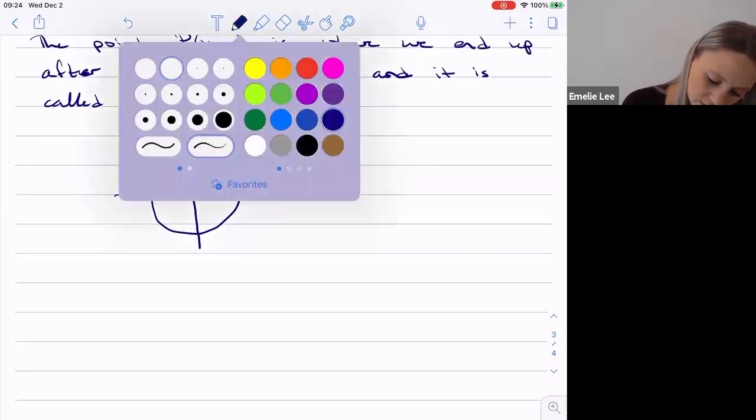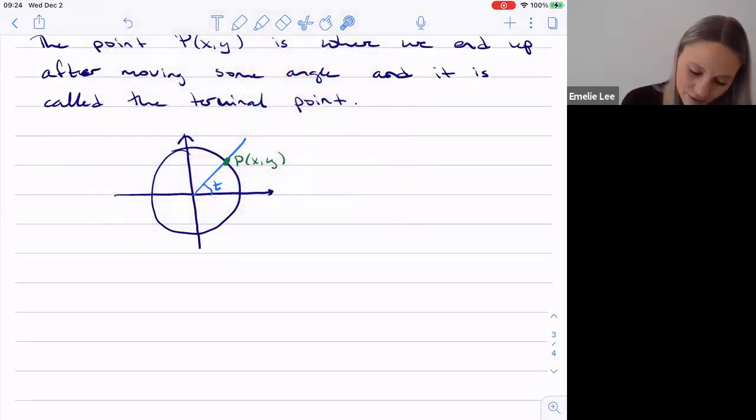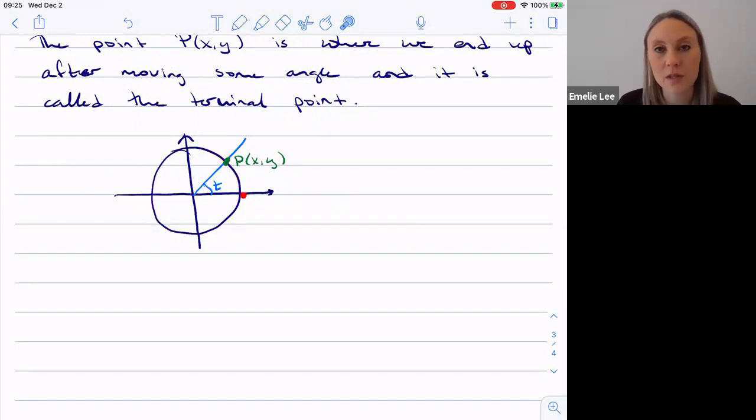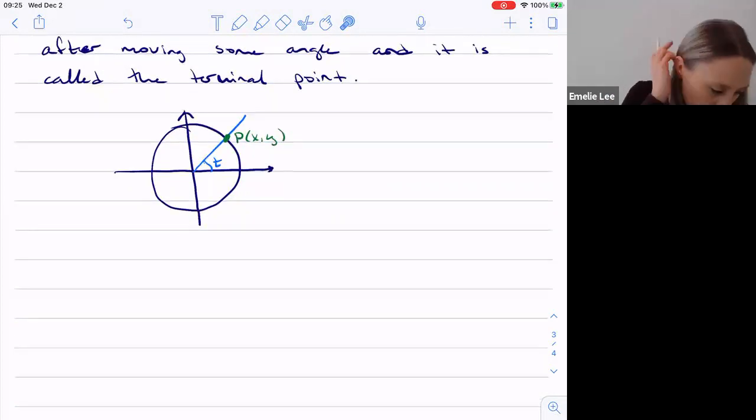So what we have is a whole distance around the unit circle is going to be 2 pi. Okay, so 1 lap around the unit circle is just a circumference.